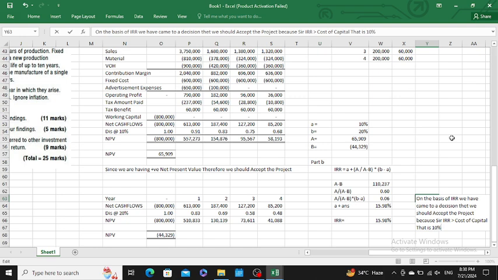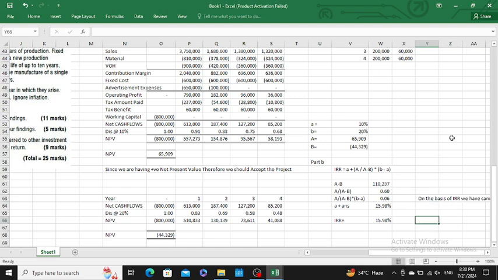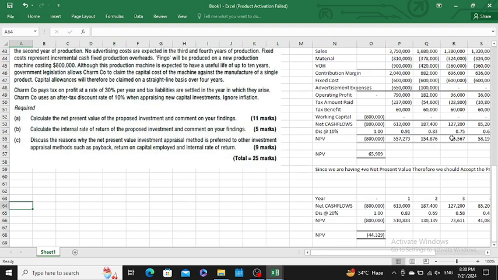Then moving forward to part 3. Sir, in part 3, you have to discuss the reason why the net present value appraisal method is preferred to another investment appraisal method such as payback period.